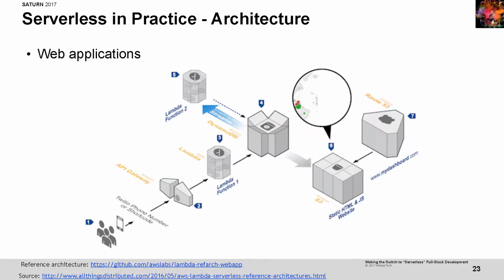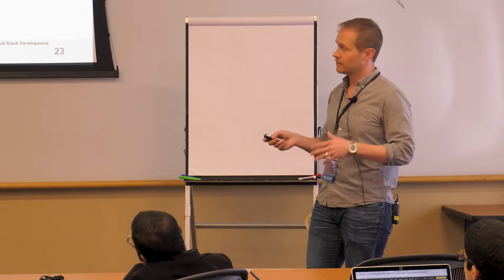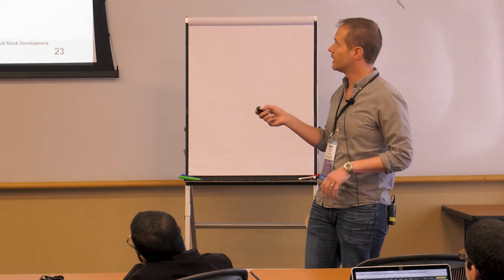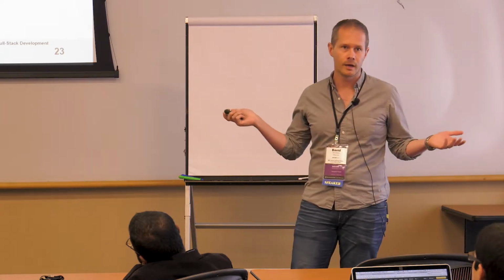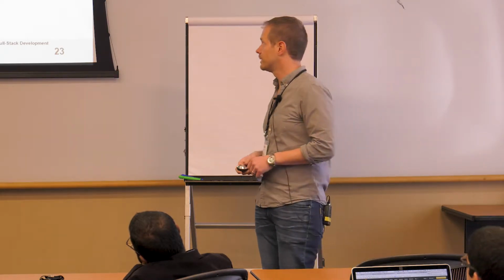In a web application scenario, this is an example where there is mobile voting going on that hits the API gateway, which kicks off a Lambda function that does some tabulation and whatnot, dumping results in DynamoDB and kicking out some static results that can then be viewed online through S3.